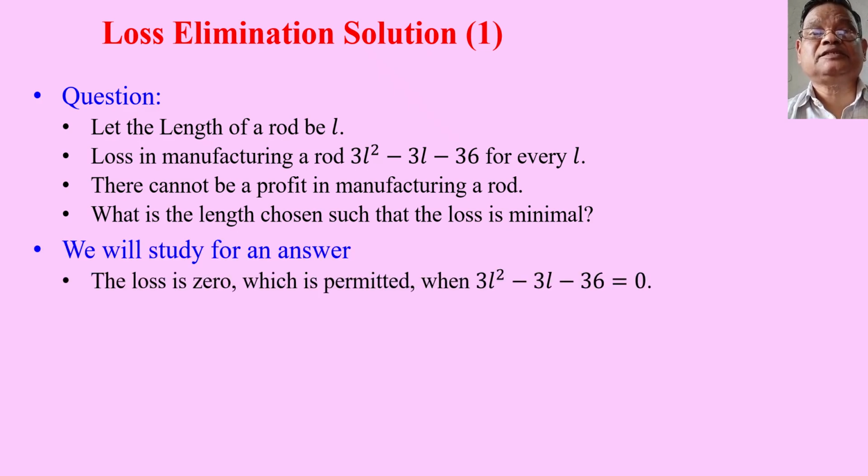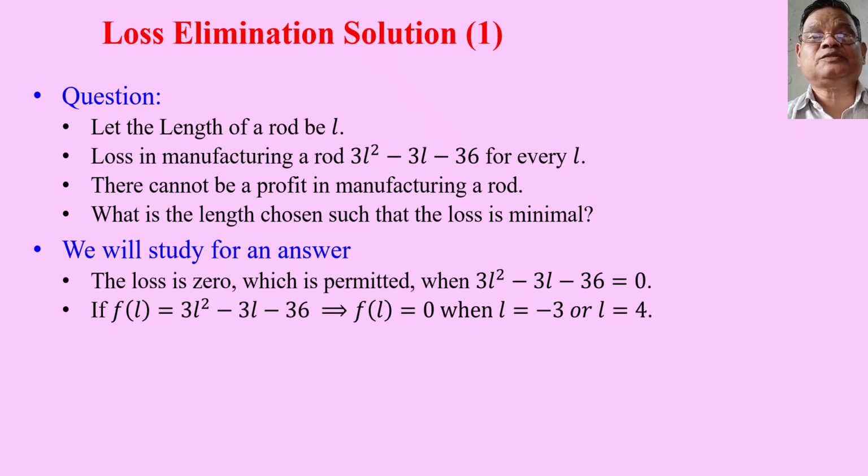The loss is 0, which is permitted when 3L squared minus 3L minus 36 is equal to 0. If f(L) is equal to 3L squared minus 3L minus 36, then it follows that f(L) equals 0 when L is equal to minus 3 or plus 4. But L is greater than 0 and L is equal to minus 3 is not acceptable.